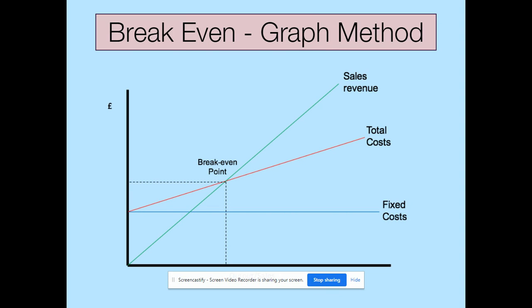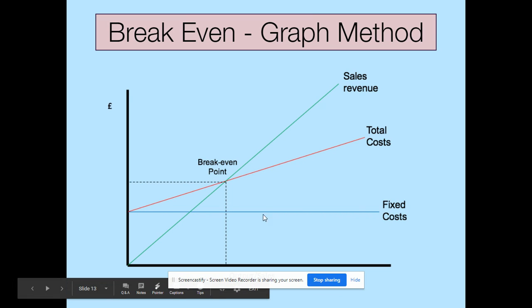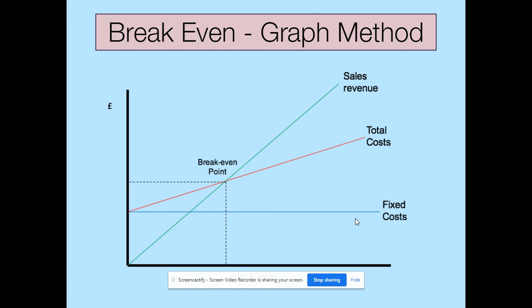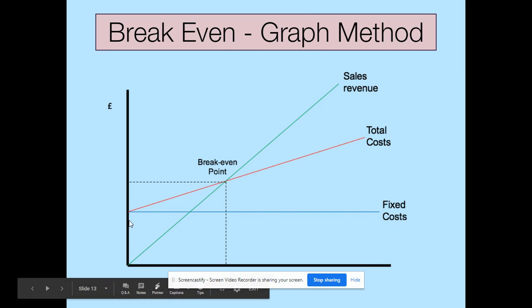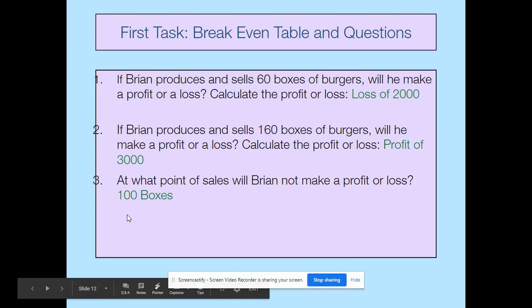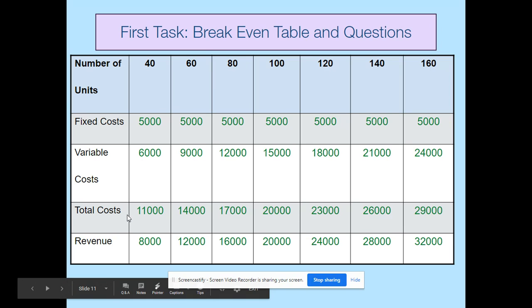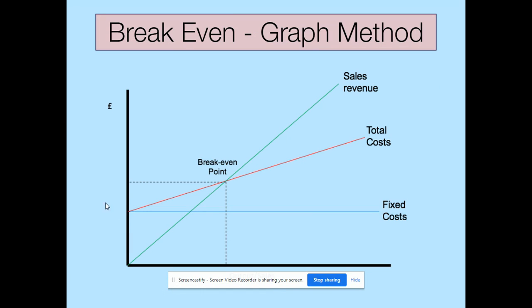Okay, now why is this first line here, the blue one, fixed cost, horizontal, and why is it not upward sloping? The reason is that with fixed costs, if we know, for instance, that we've got a fixed cost, what was it last time in the question? It was 5,000, right? So if we have a number here, 5,000, we know the fixed cost is not going to go up the more we produce units.